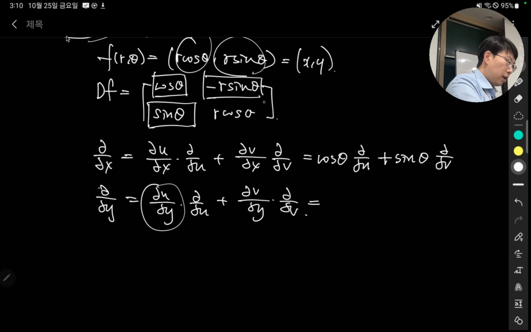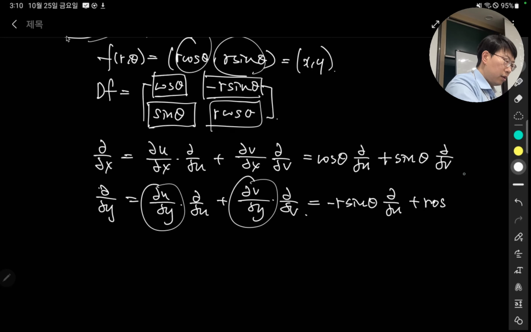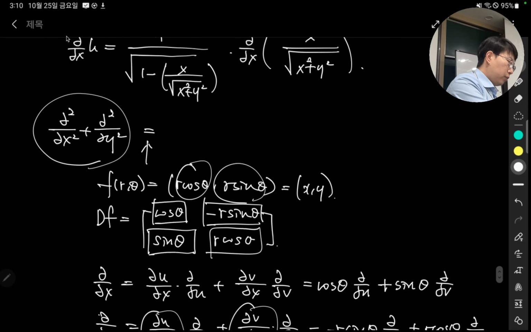It's right here, minus r sine theta del u, and what's v y? It's r cosine theta del v.